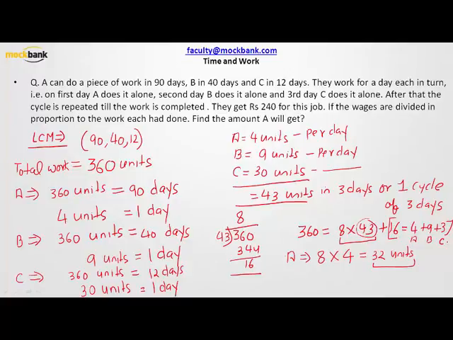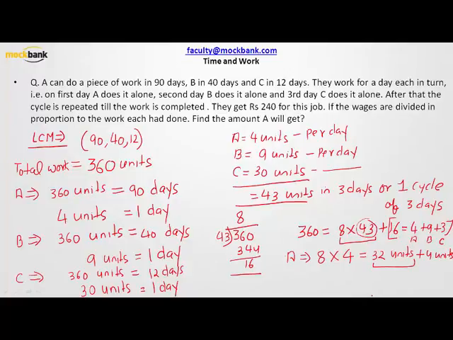What is the meaning? That A and B will be working for the full day, isn't it? And then the rest of the work will be completed by C only, at the rate of 30 units per day. Now A has completed 32 units of work because it has worked for 8 days at the rate of 4 units per day, and then it worked for 4 units on another 9th day in the cycle.